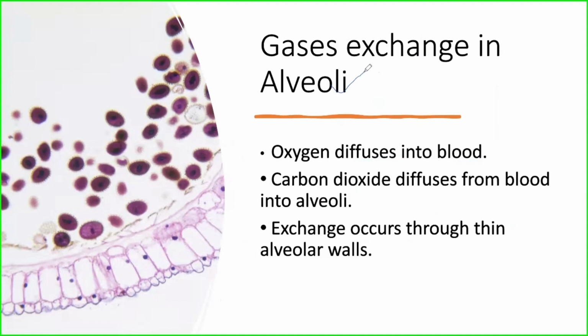Alveoli contain numerous blood vessels, and as the oxygen level is high in the alveoli, the blood absorbs oxygen from the alveoli, and carbon dioxide from the blood diffuses into the alveoli. Gas exchange occurs through thin alveolar walls that contain numerous blood vessels.